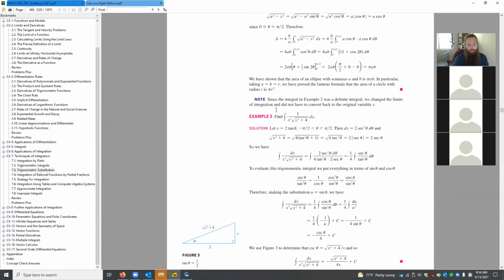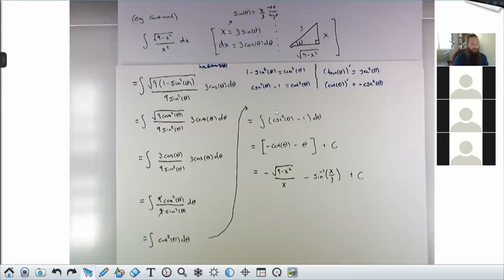The ellipse is fun, but it's a little tricky. Let's do this one. Yeah, this is good.